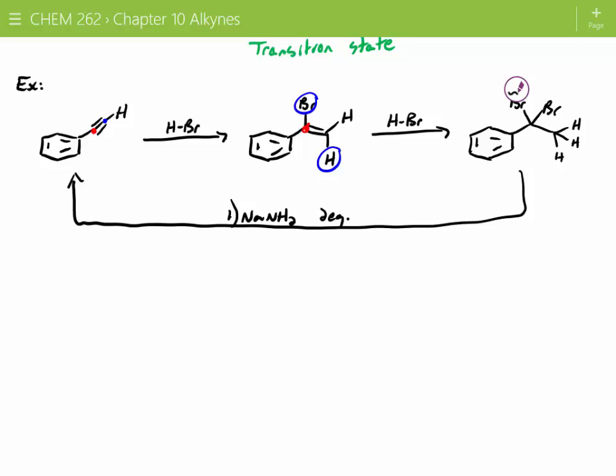Oftentimes what people will do, because it's very hard to measure out 2 equivalents, is they add in excess and then they add water in. So you can do this, or you can do NaNH2, that's sodium amide, followed by adding in water.